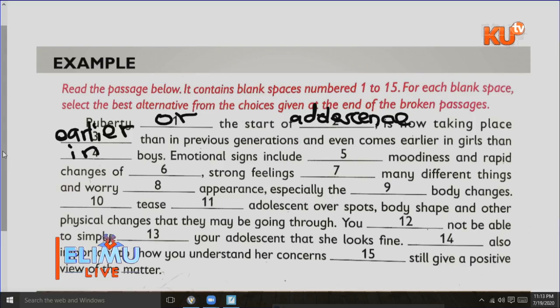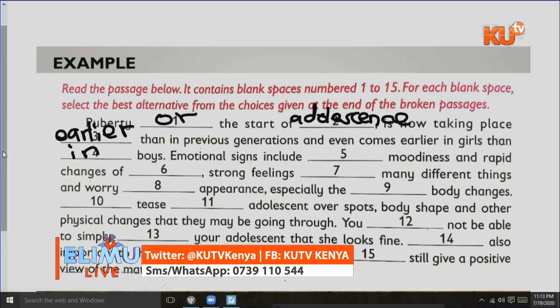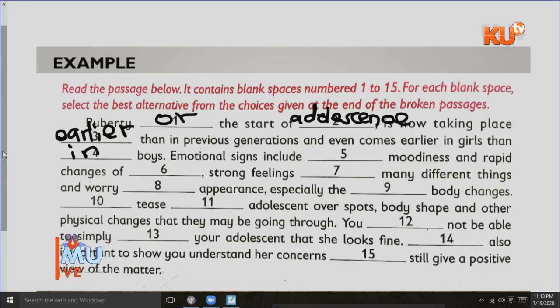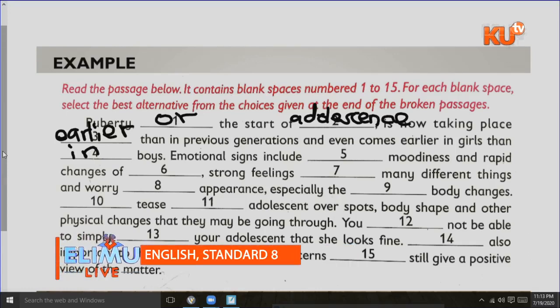And having read the whole passage, then you come up with the correct reasoning for your choice there, which will be earlier than in previous generations, and even comes earlier in girls than dash boys: than with boys, than at boys, than on boys, than in boys.